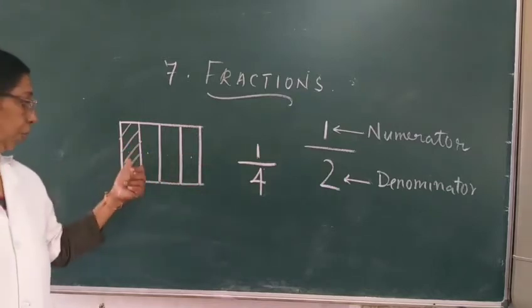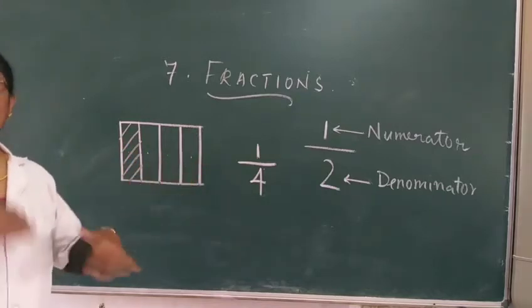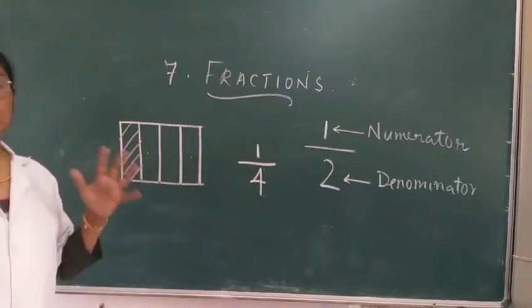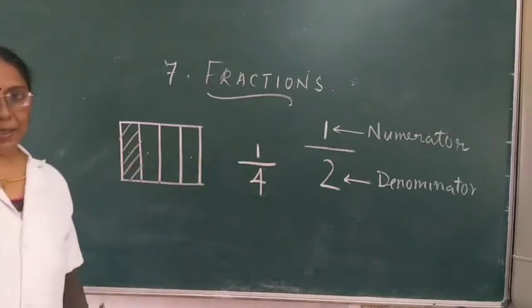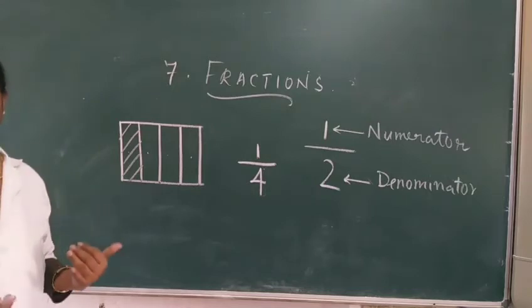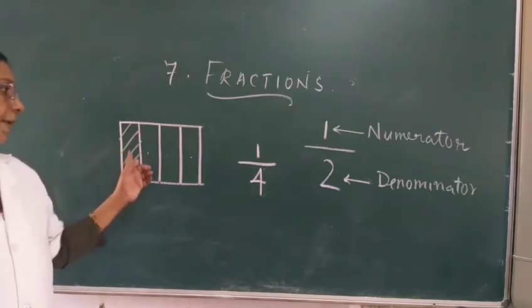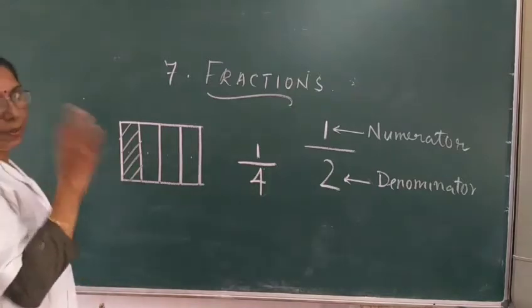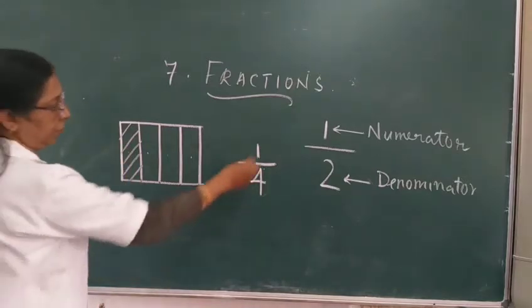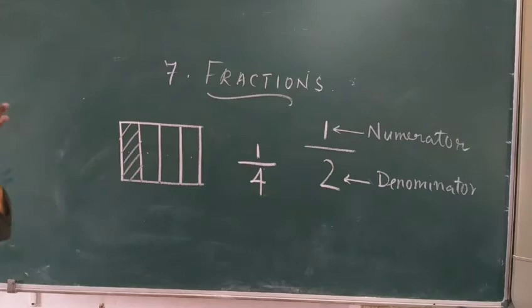Denominator is the total number of parts into which we divide the whole. Out of that, how many we selected, how many we shaded, that represents the numerator. I shaded only one area. That is why the numerator is 1.